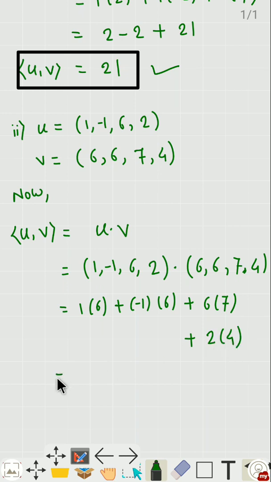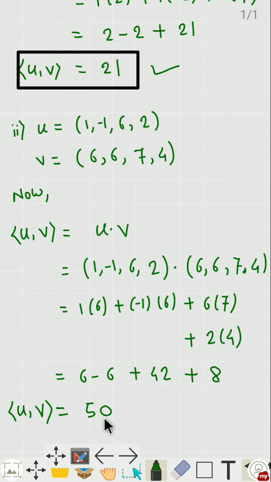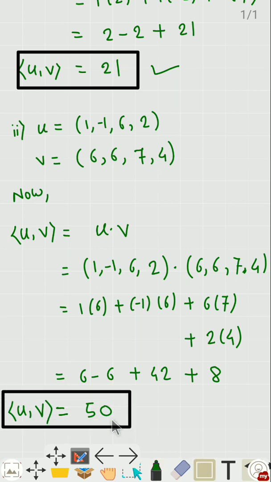It is equal to 6 - 6 + 42 + 8, it is equal to 50. So the inner product of vector u with vector v is equal to 50. Thus question 1 is over.